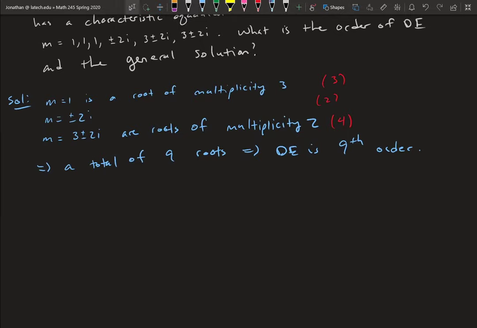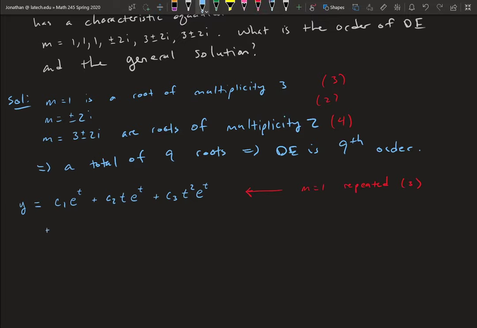Well, I've got to take care of the multiplicity 3 root m equals 1. So y is going to be c1 e to the t plus c2 t e to the t plus c3 t squared e to the t. And that takes care of m equals 1 repeated, multiplicity 3.